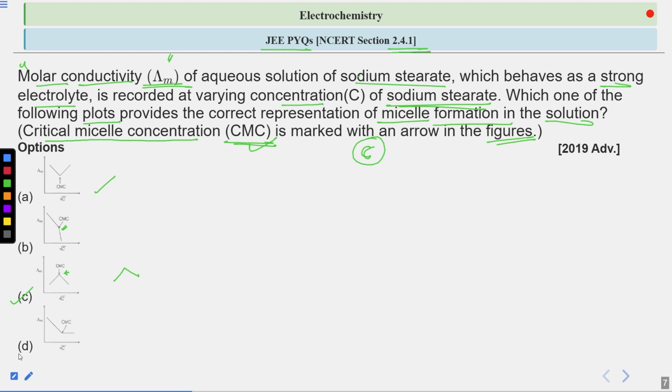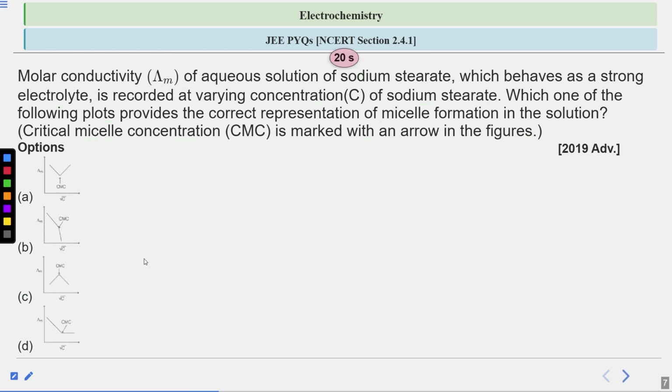Similarly, in graph D, the graph between the molar conductivity and under root concentration is shown by two lines joining at this point, which is represented as the CMC point. So you have to select the correct graph. You have some time, so go through this and try to conclude the correct option, and then we will see what the answer is.